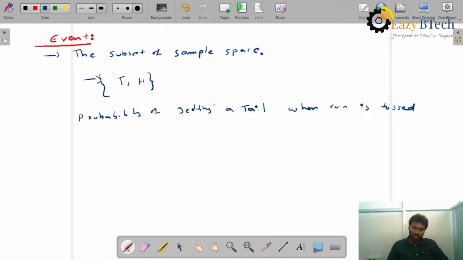Here getting a tail is my event. Another event is getting a head. You can define a number of events here.